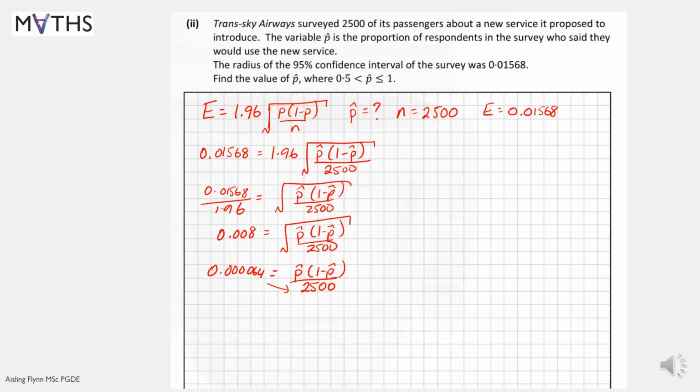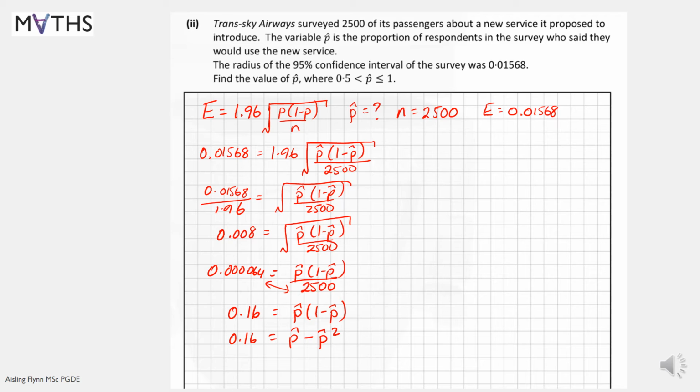Multiplying now by 2,500 on both sides, we get 0.16 on the left, and we have our P-hat times 1 minus P-hat here. Let's multiply out that bracket. 0.16 equals P-hat minus P-hat squared.